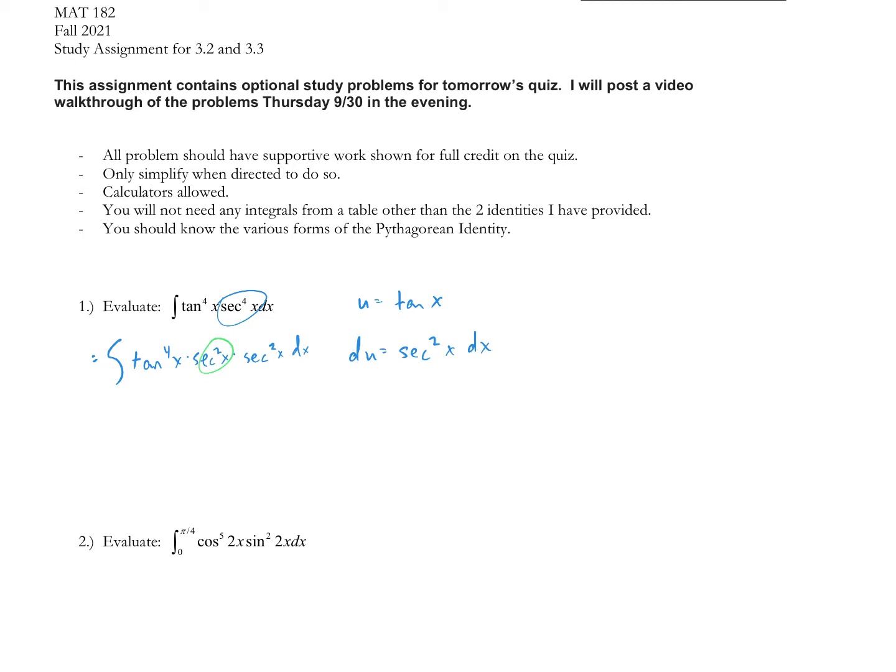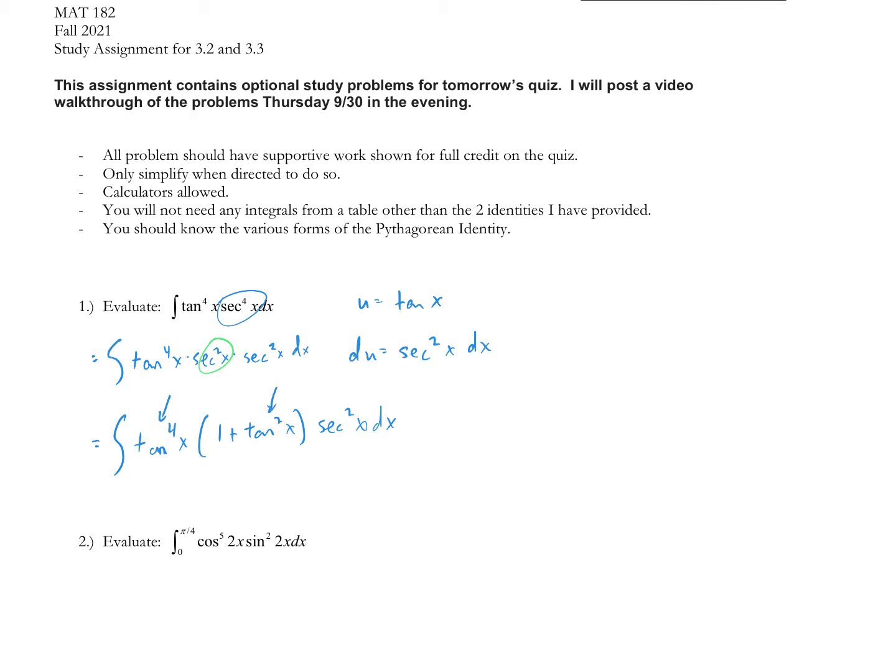So then this secant squared, we're going to write in terms of tangent. Secant squared is 1 plus tangent squared x. So then we get the integral of tangent to the fourth x times 1 plus tangent squared x times secant squared x dx.